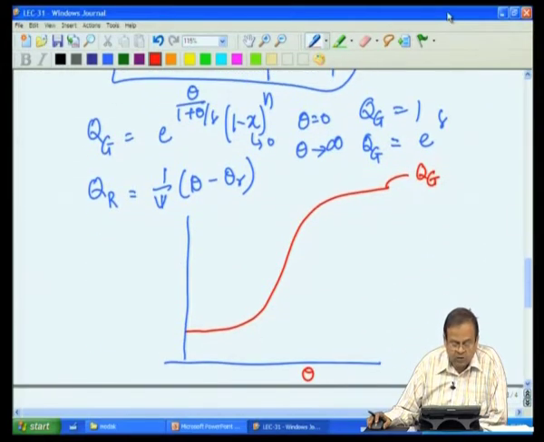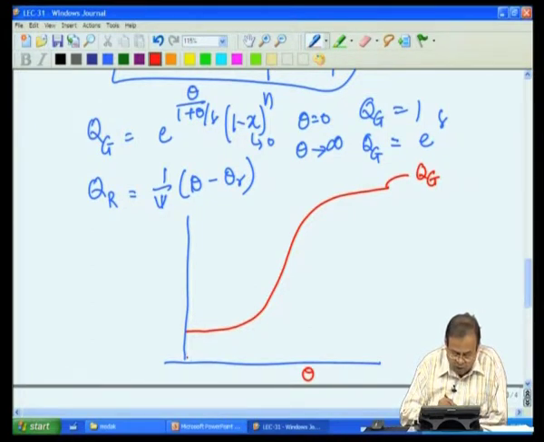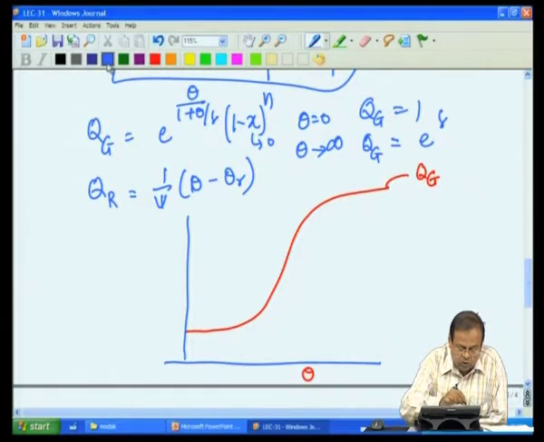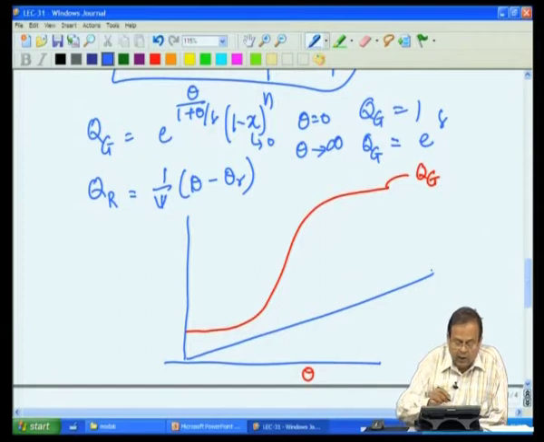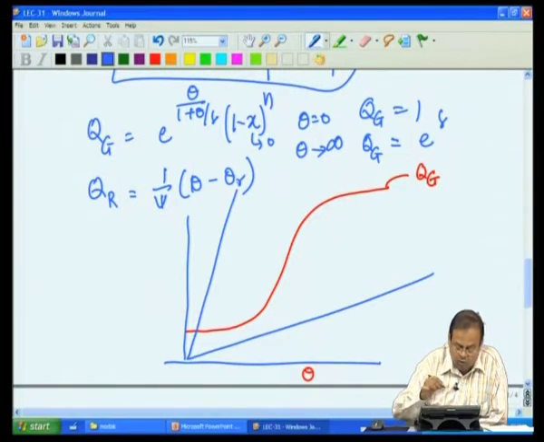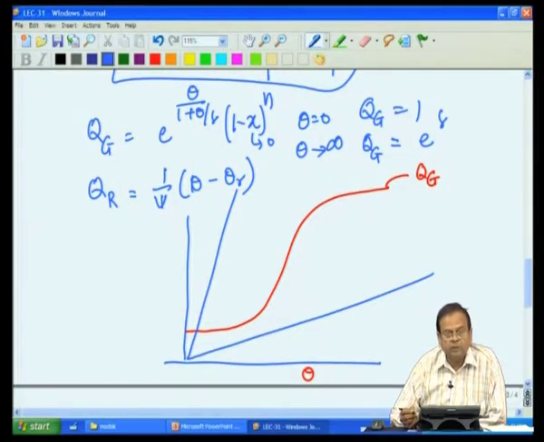So, what happens is when the psi value is very high, that means the heat generation term is much higher compared to heat removal, we have the operating line, which let us show by a different color, of this nature. And on the other hand, if psi is a low value, then we have an operating line of this nature.